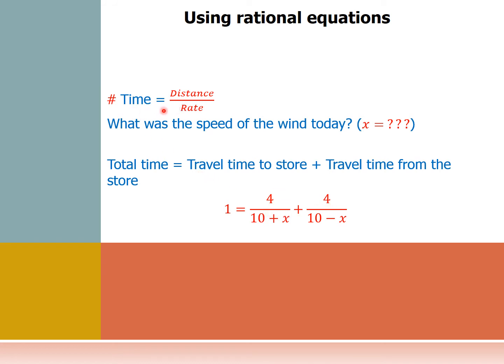And you know that, as in this rule, time is equal to distance over rate. The distance is constant for both travels. We have 4 here and 4 here, so 4 divided by 10 plus x plus 4 divided by 10 minus x.